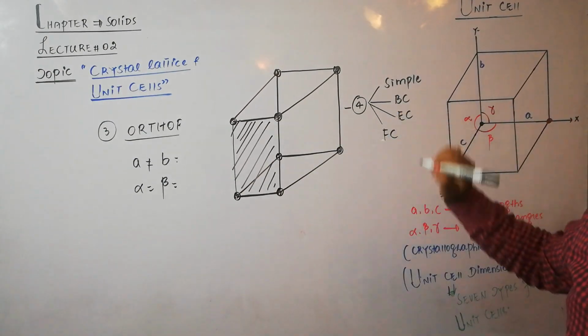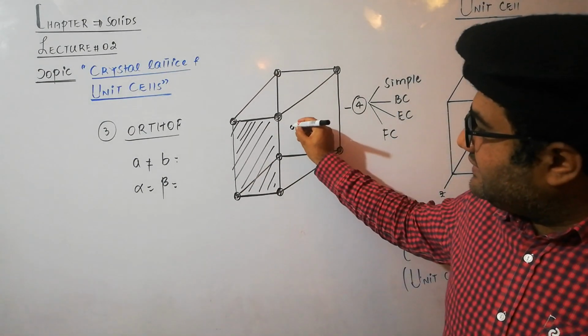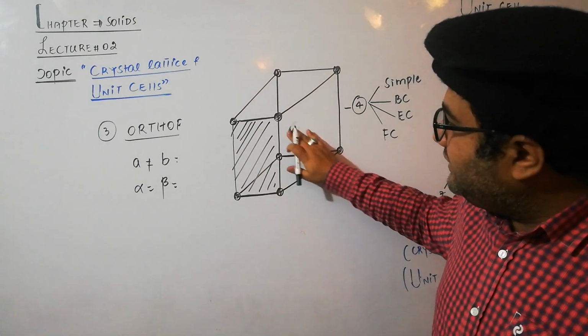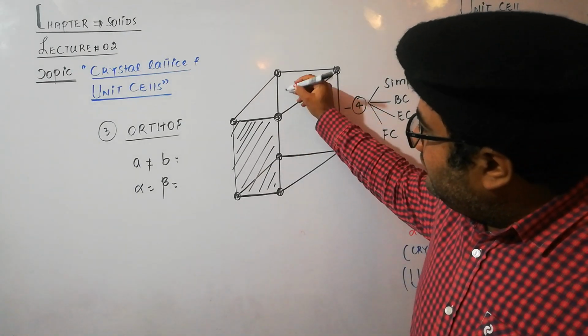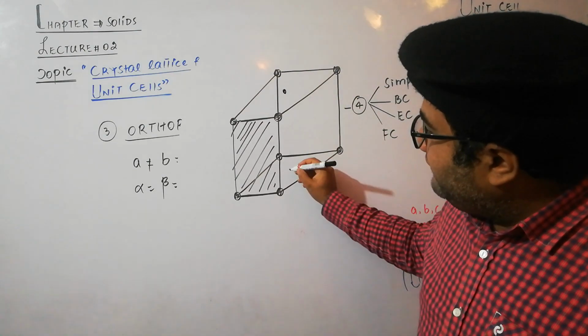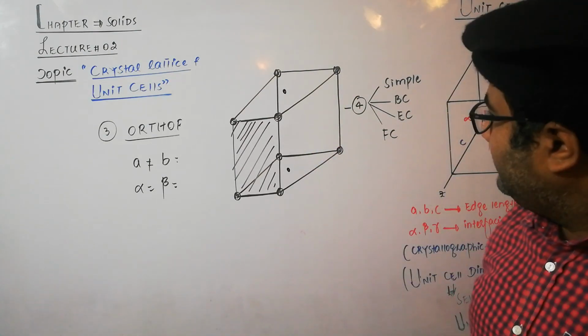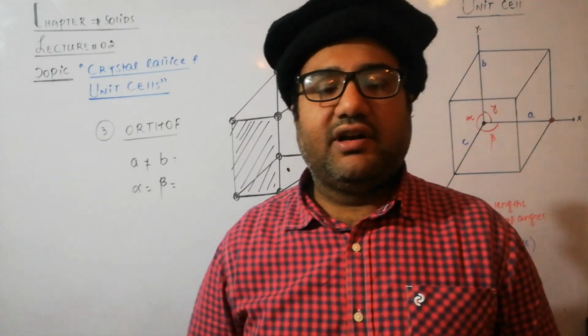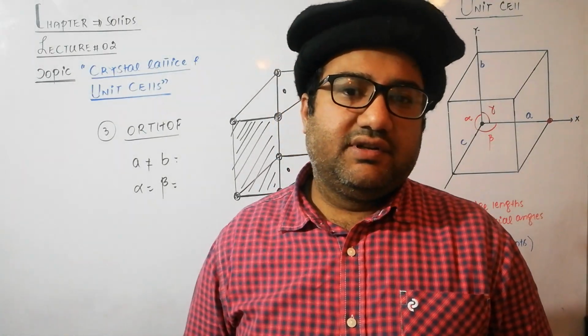In case of body centered, there will be one point at the center of the body as well. In case of end centered, any two opposite faces have one point at their center. And in case of face centered, every face will have one point at the center of it.